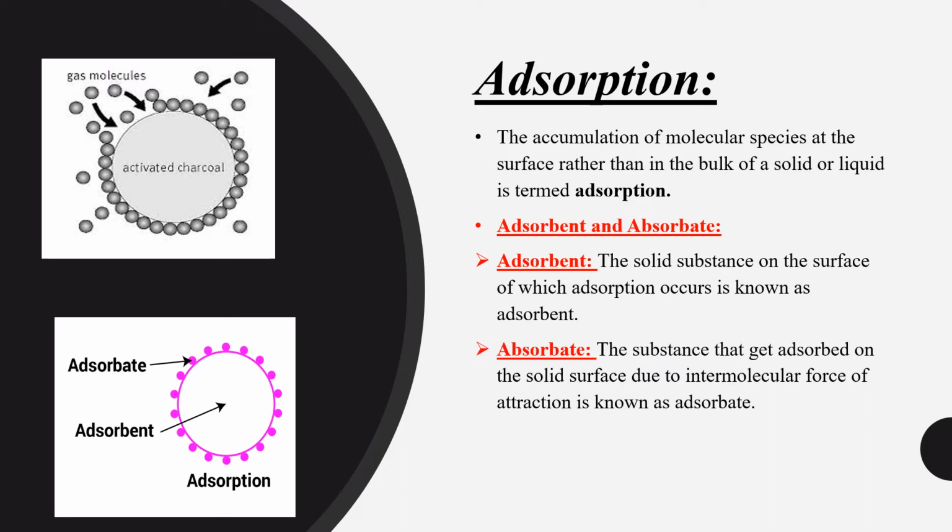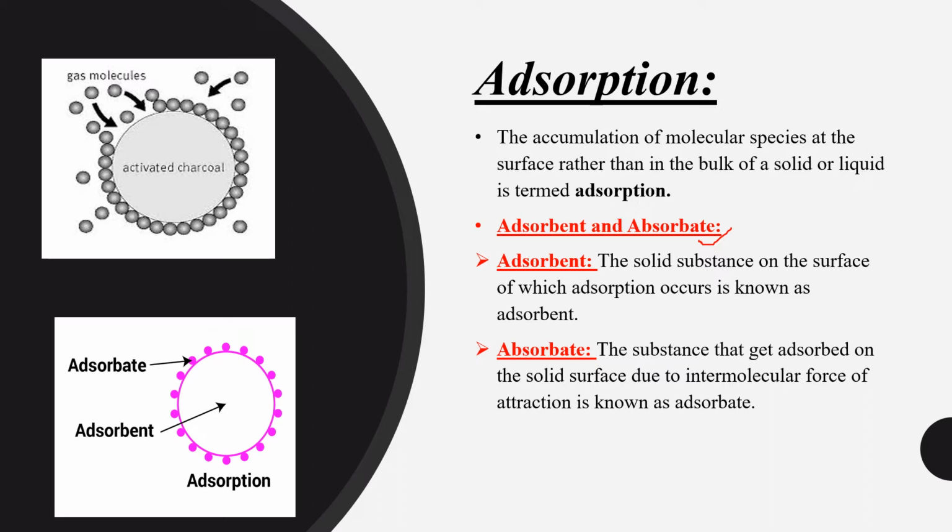Now adsorption can have two parts. One is adsorbent and the other one is adsorbate. Adsorbent, the solid substance on the surface of which adsorption occurs, is known as adsorbent.